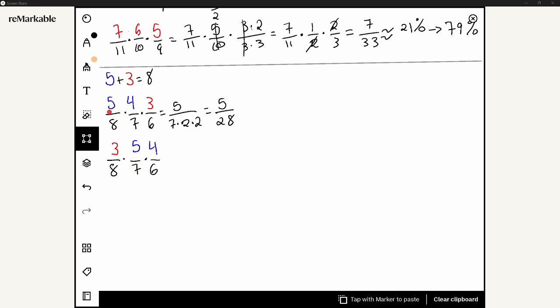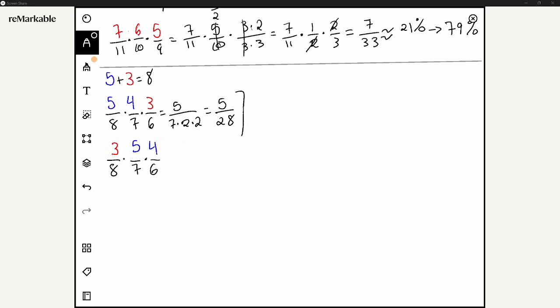Because we have hit, hit, miss, or hit, miss, hit, or miss, hit, hit. Those are our only options. So the total odds that we get only 2 hits are 15/28, which is just better than a half.